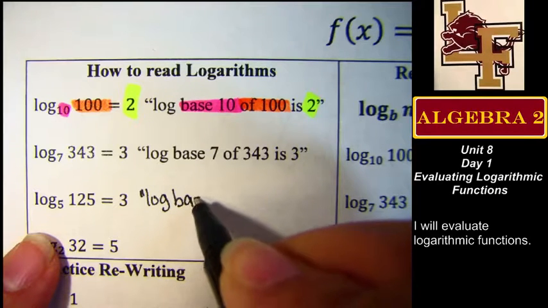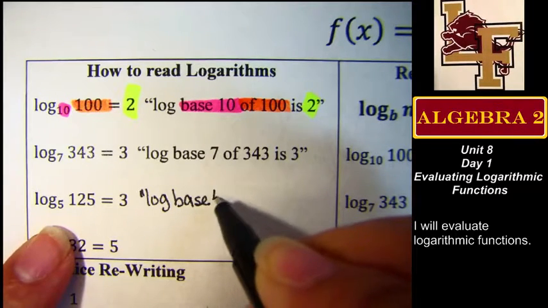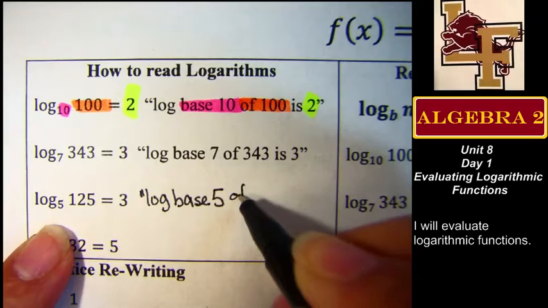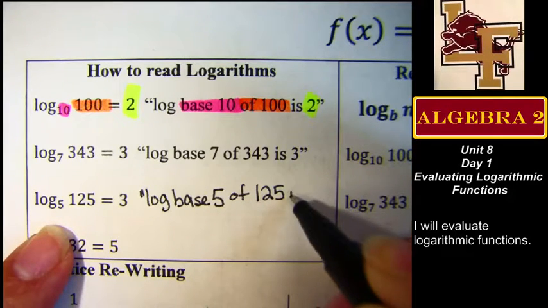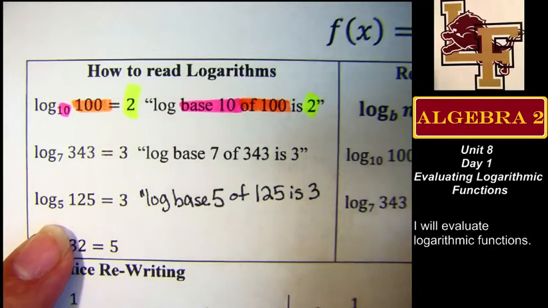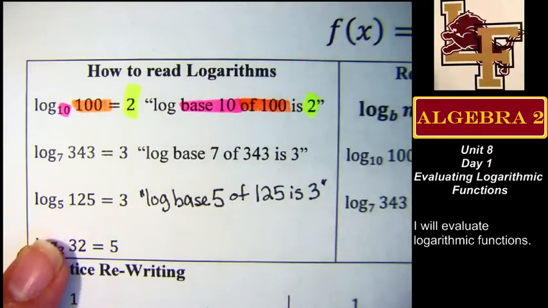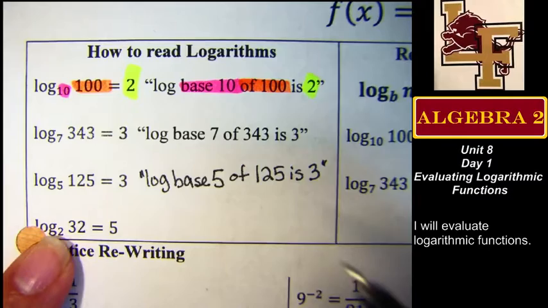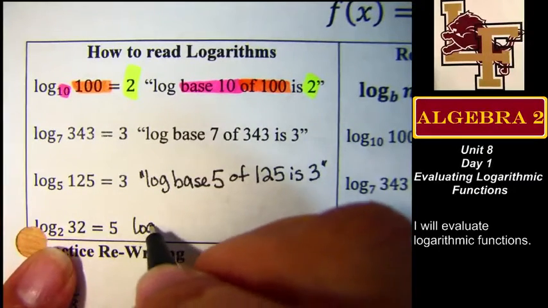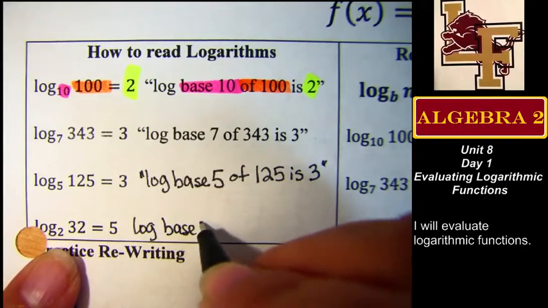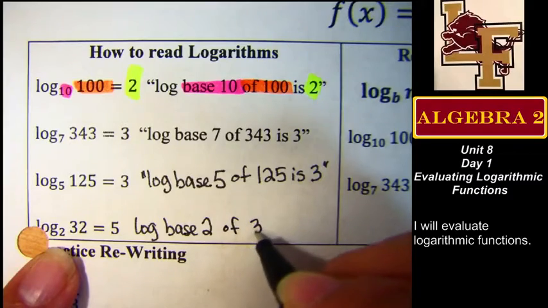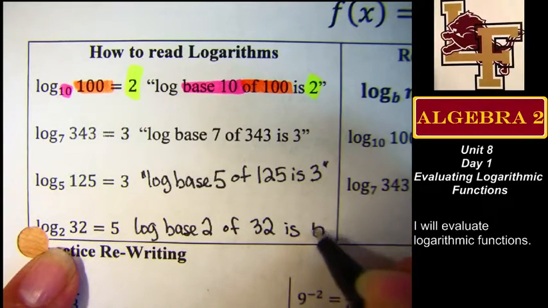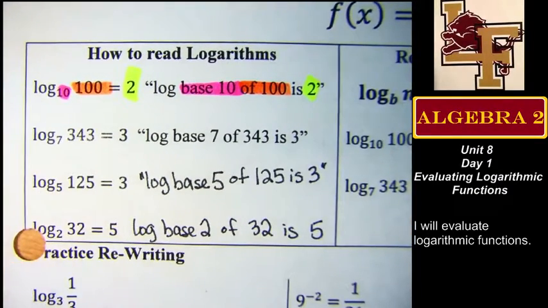So you're pretty much just making what that is into like a sentence. That's simple. Okay? Congratulations, you're translating math into English. Log base 2 of 32 is 5. All right? Easy enough?